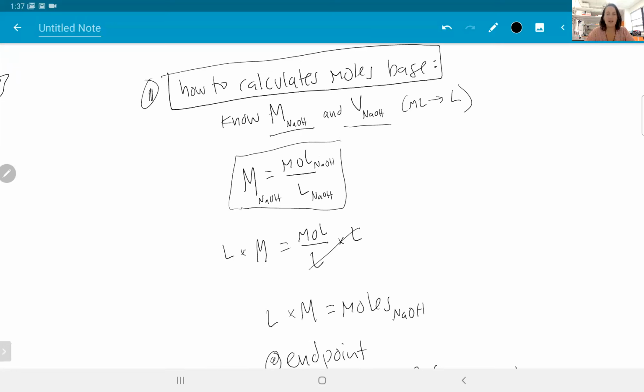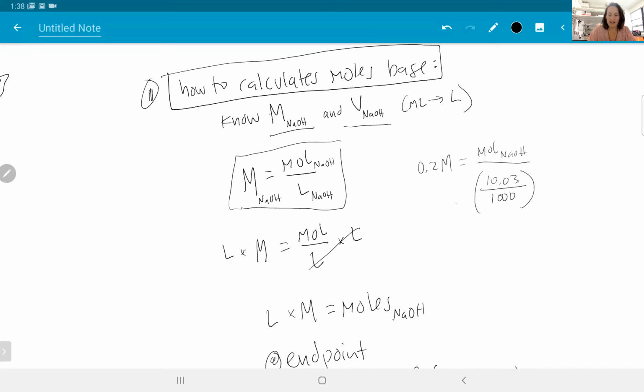I believe the concentration is about 0.2 molar. If you plug in some values, you can say that 0.2 molar is equal to the moles of NaOH over, let's say it took roughly 10.03 milliliters. 10.03 divided by 1,000, because we have to get it to liters.